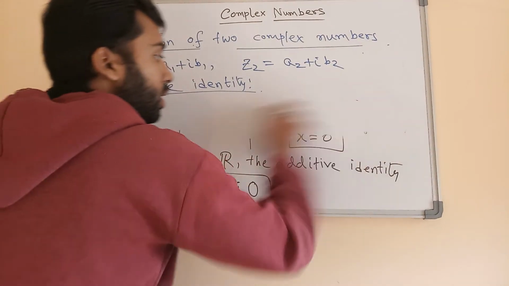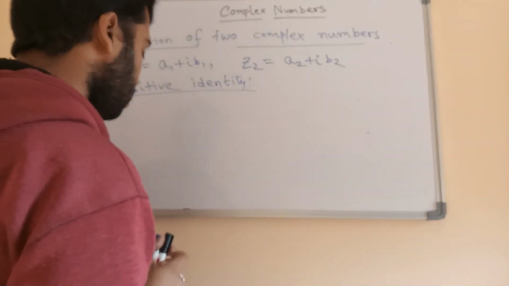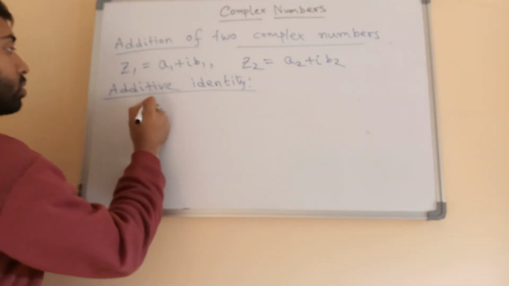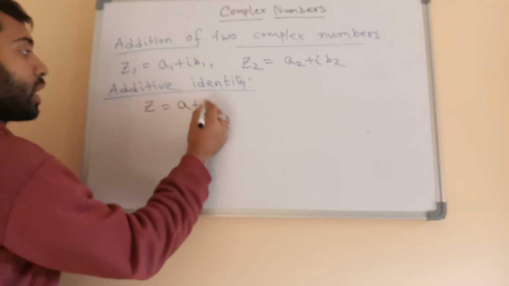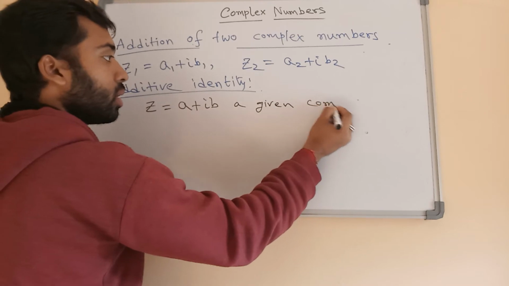So how to write it? Suppose Z equals a plus ib, a given complex number.